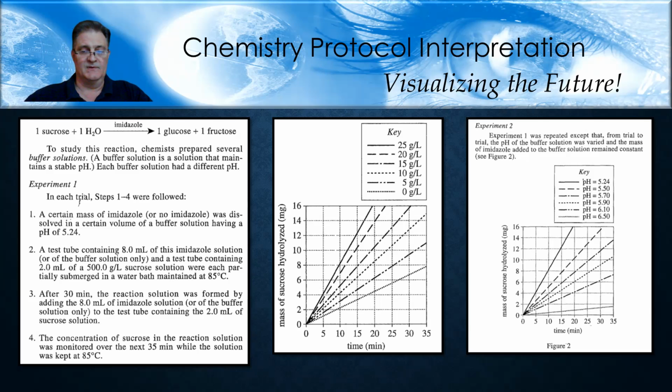And when they didn't use any imidazole, the rate was a lot slower than what it was with the 5, the 10, the 15, the 20, or the 25 grams per liter of imidazole. So in this case, imidazole is working as a catalyst and a pretty good one. And you could select any one of those concentrations depending on how quickly you wanted your reaction to run.